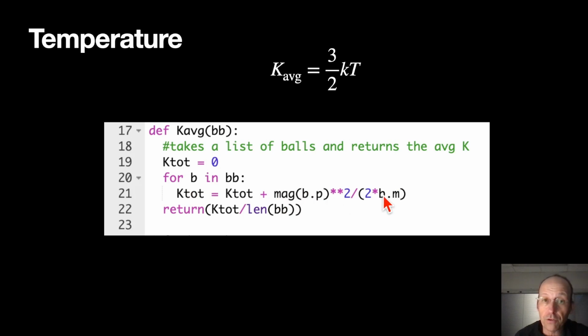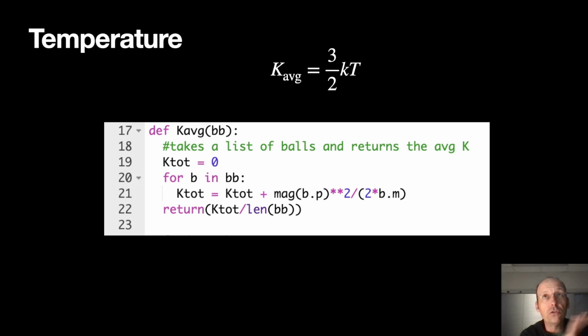It's momentum squared over 2m, but I've got to take the magnitude, remember, because momentum's a vector. So magnitude squared, and then divide by 2m, and then add it to the total. And then I need to divide by the number of particles. So I could use N, I really could, but just to make it generic, the length of BB tells me how many items are in that list. So if I divide by len(BB), it will return the number in there, and then that will work.